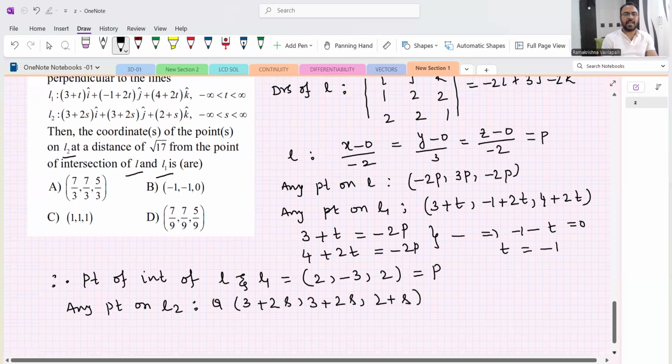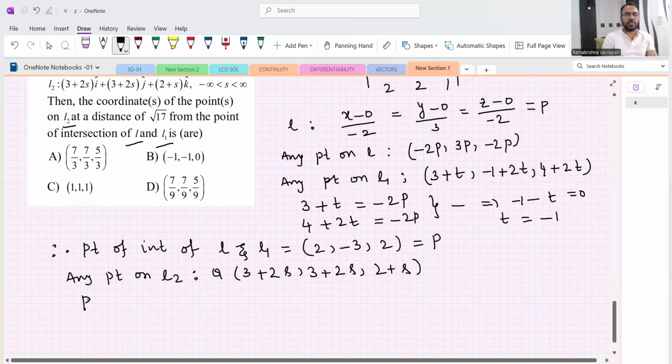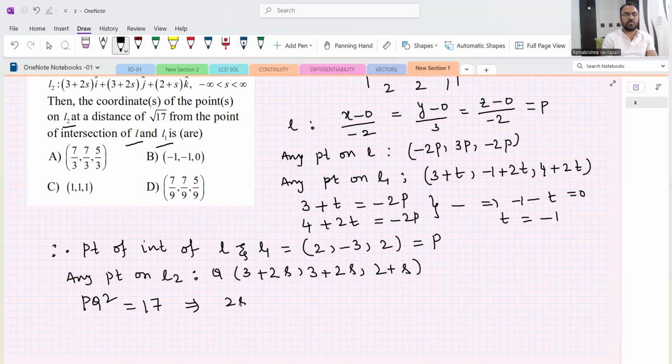So now given that PQ square is equal to 17, you will get (2s plus 1) whole square and (2s plus 6) whole square and s square is equal to 17.